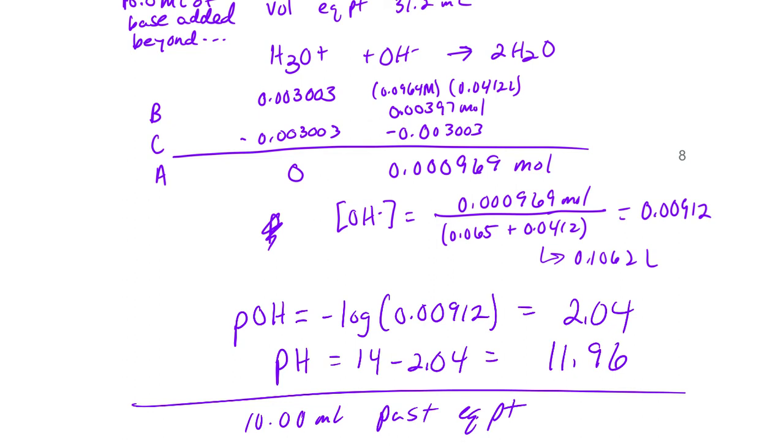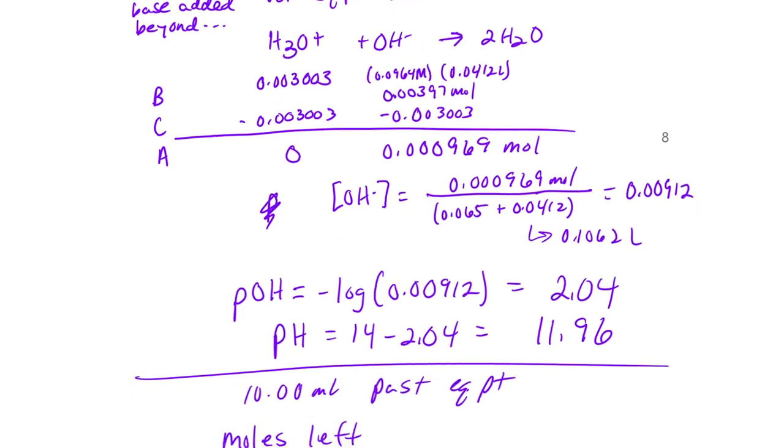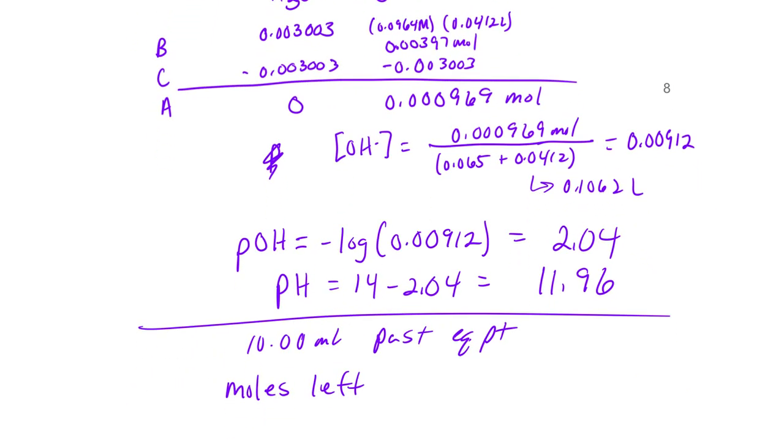So the moles of hydroxide that are left over after reaction, so you're essentially doing a BCA table, but having done the subtraction first. Moles left are concentration of base, 0.0964 moles per liter. We know we have 0.01 or 10 milliliters excess.